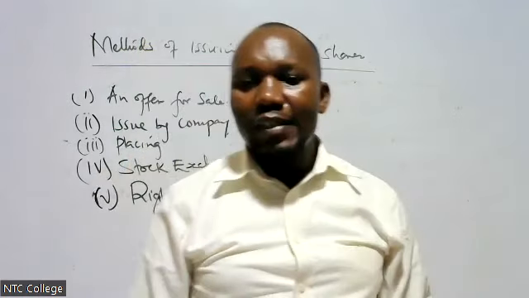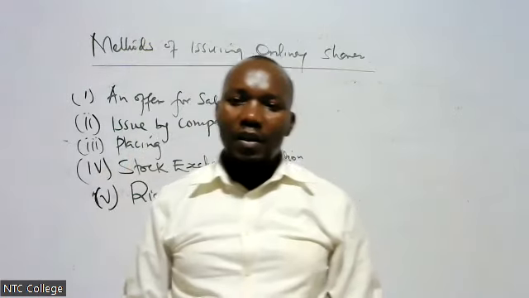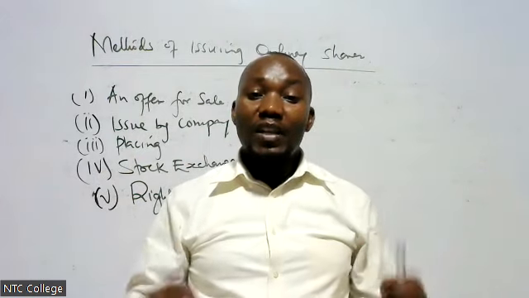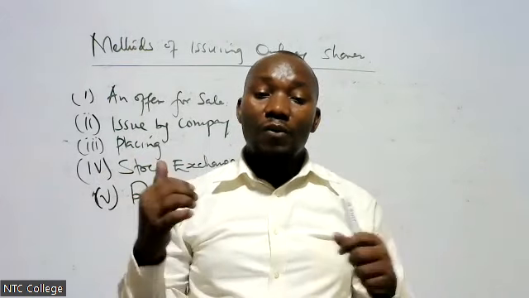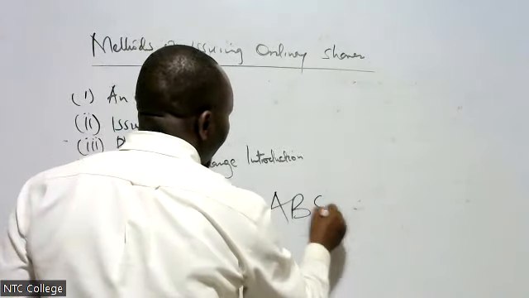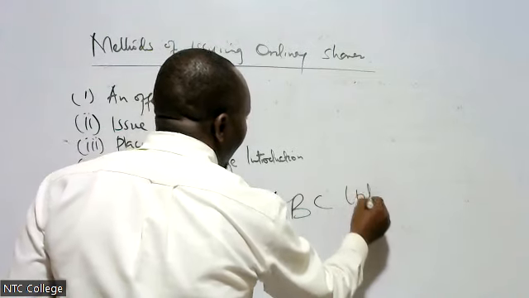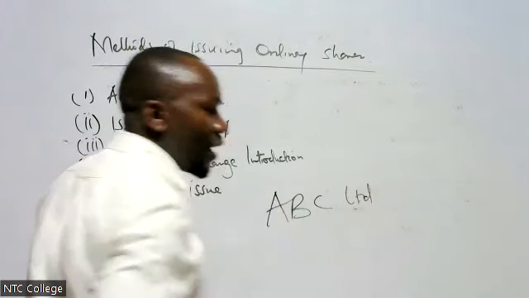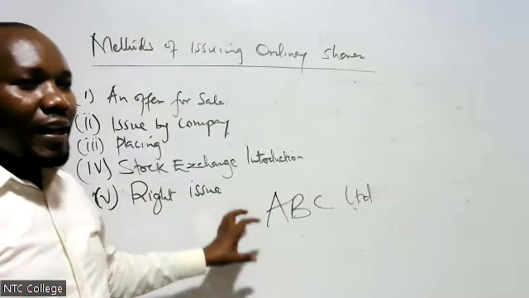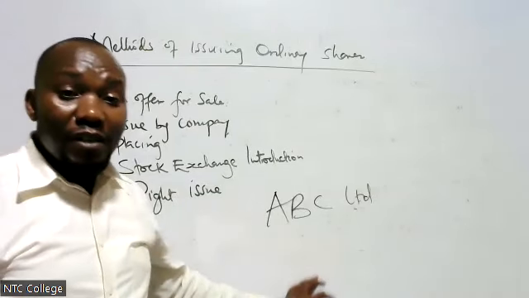So what do we understand by rights issue? Assuming that we are currently the shareholders of ABC Limited. So we have a company called ABC Limited, and we are the current shareholders. Then we realize that ABC Limited requires some money.